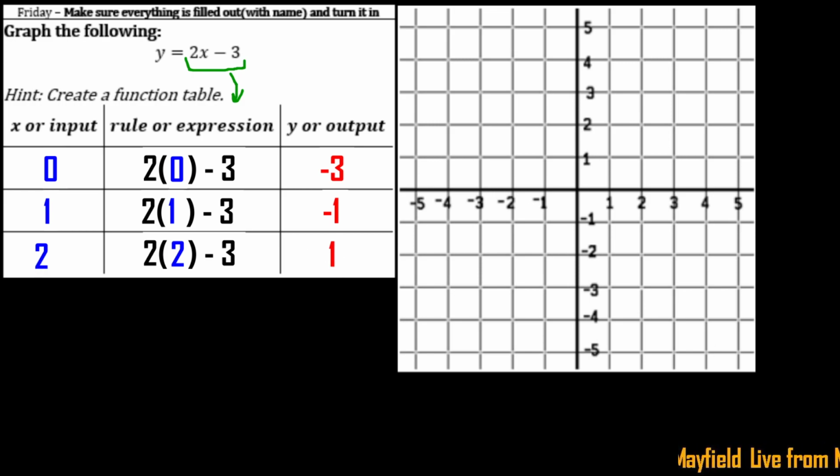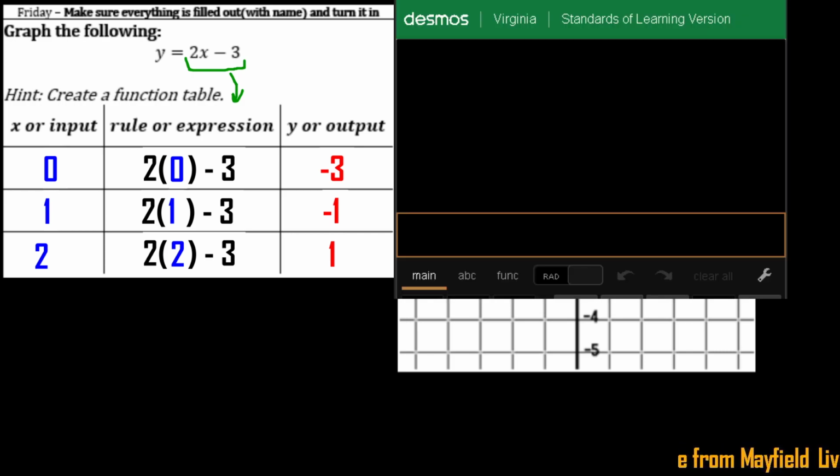Again, I can use the Desmos calculator to check my values. Just like yesterday, I want to make sure I did this right, so I have my expression like this. If my function is 2x minus 3, that triangle comes up because I need to define what that variable means. So I start a new line and I say, all right, x equals, let's say 0.